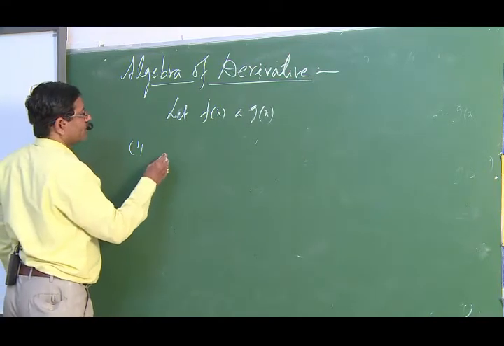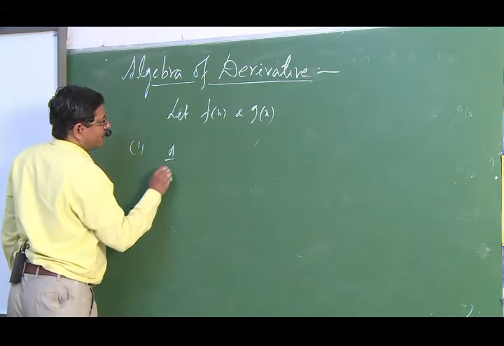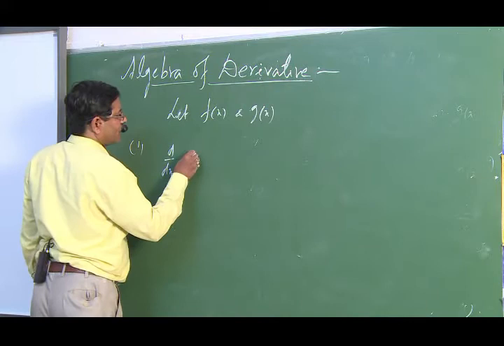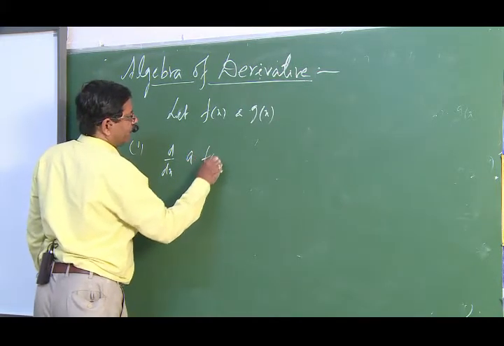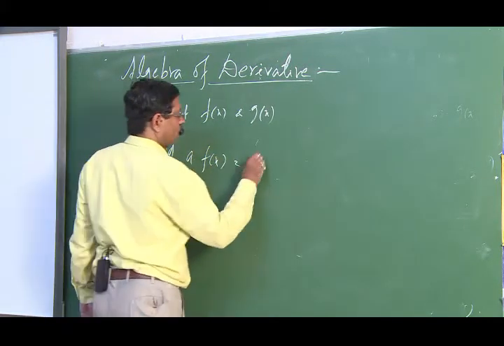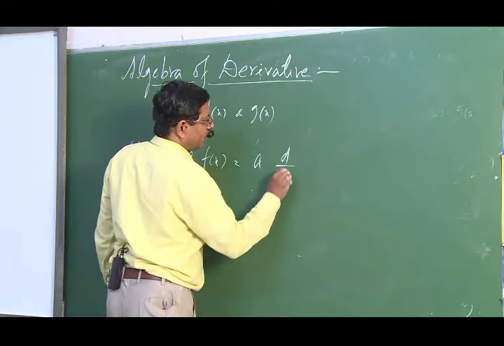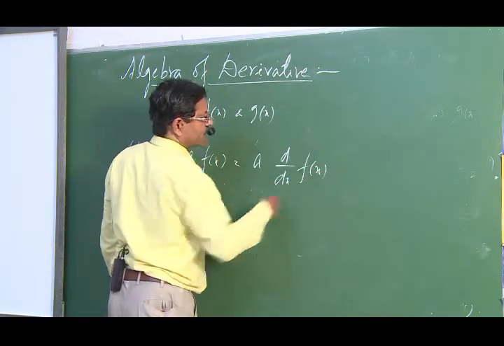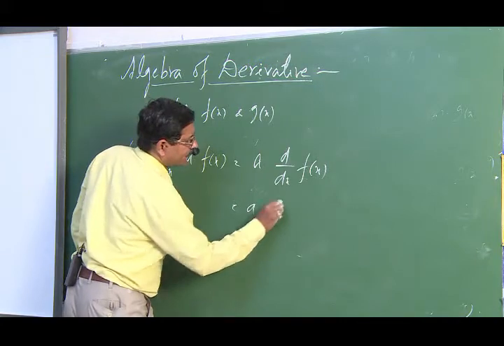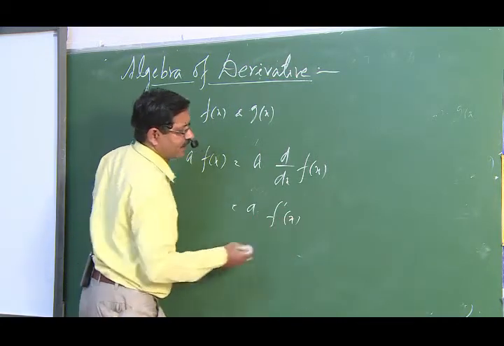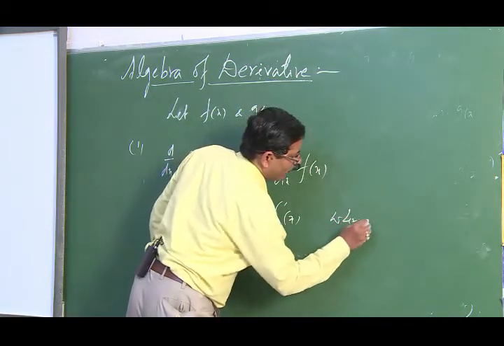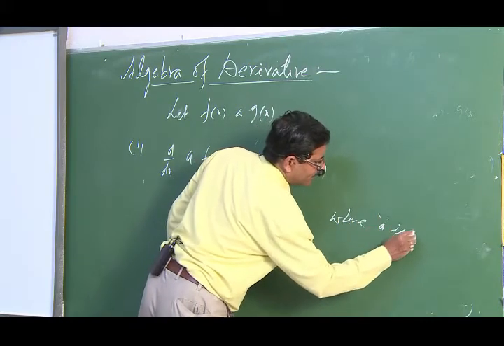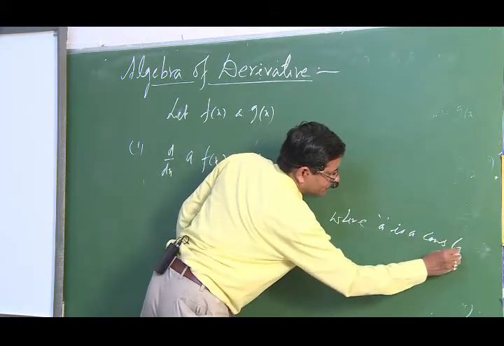Let f(x) and g(x) be two differentiable functions, then number 1, d by dx of a into f(x) is equal to a into d by dx of f(x), or we can write a into f dash x, where a is a constant.